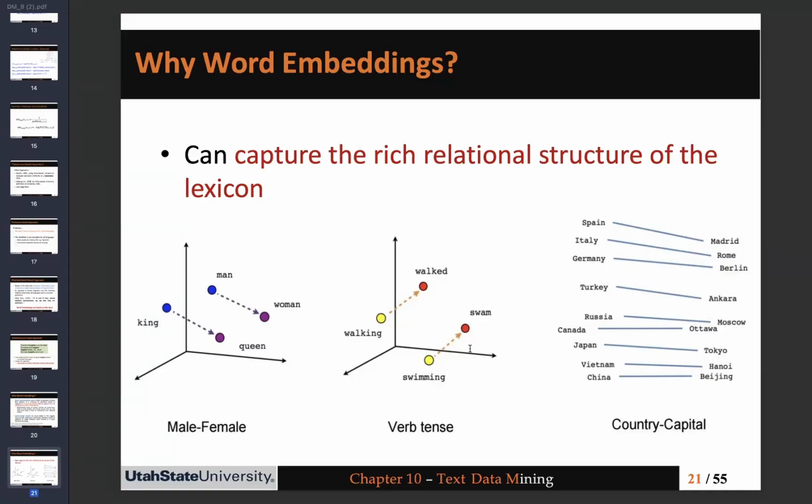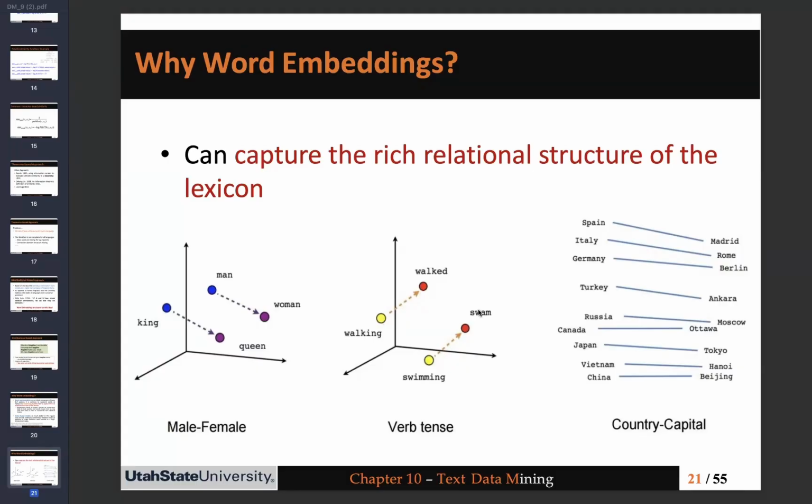If you take the 100-dimensional word embedding that has been mined using the distributional approaches, and plot it after a dimensionality reduction such as t-SNE or PCA in 2D or 3D, you should be able to see some rules indirectly followed by the word embedding, meaning that the distance between man and woman should be more or less equal to the distance between king and queen. Same thing, the distance between walking and walked is almost the same as between swimming and swam.